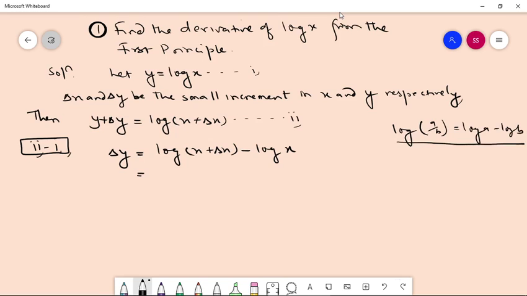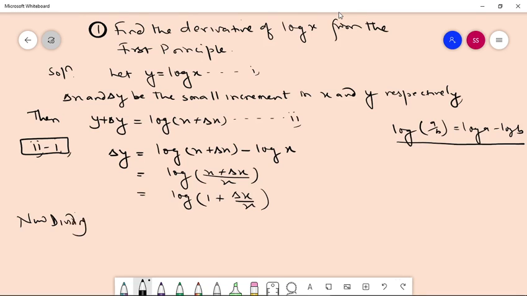Using this property we can write log((x plus del x) by x) equals log(1 plus del x by x).